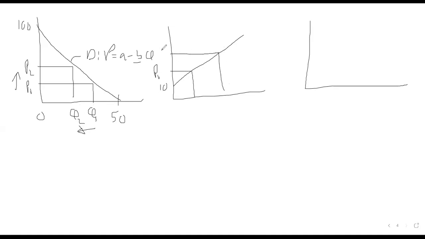For any normal good, if the price goes from P1 to P2, the quantity supplied will also increase. People will be motivated. No wonder our supply function is given by A plus BQ.